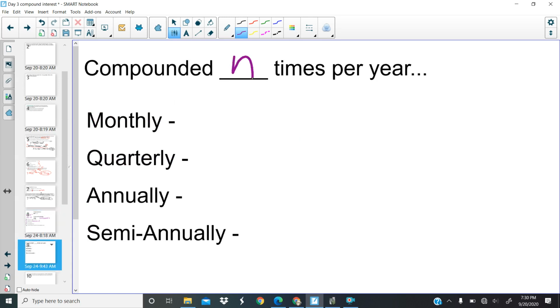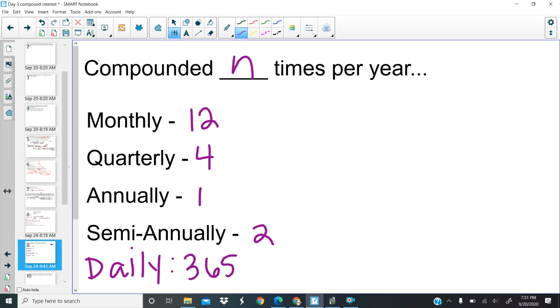So if it's compounded N times per year, then for monthly, N is 12, quarterly, N is 4, annually, N is just 1, and then semi-annually means twice every year, so you would put a 2 in for N. Some other ones that you may get, you could get daily, you would do 365. I wouldn't imagine you would get weekly, but if you got weekly, you would put 52, but you wouldn't normally get that because there's not exactly 52 weeks in a year. But that is what you would plug in for N based on the situation.